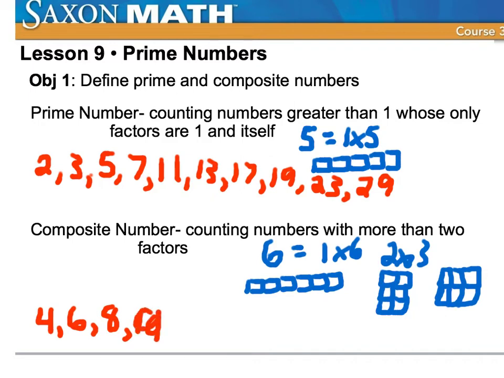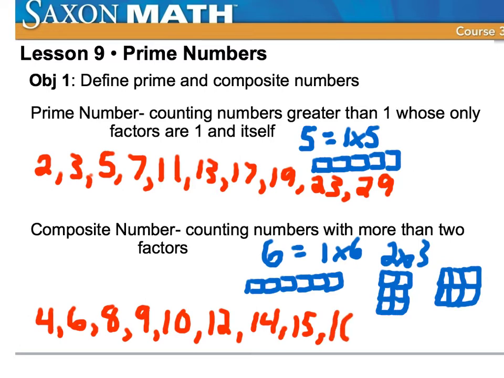Sorry, let's erase that. 9 is a composite number because I could take 1 times 9 or 3 times 3. And then 10, and then 12, and then 14, and then 15, and then 16, and then 18. That's the first 10 composite numbers.